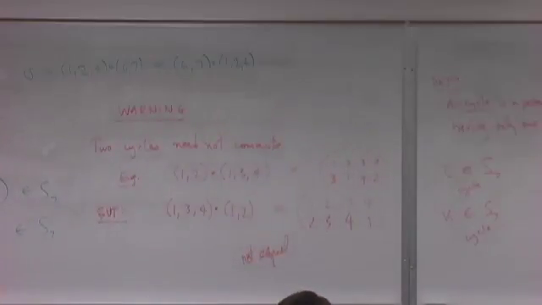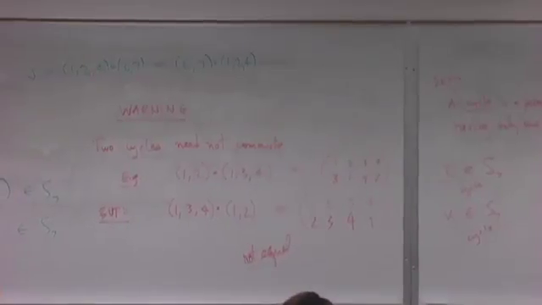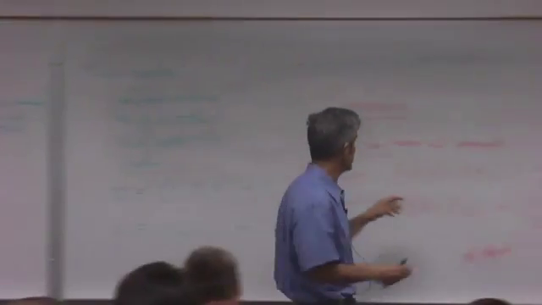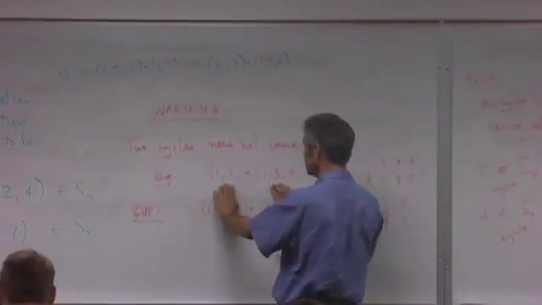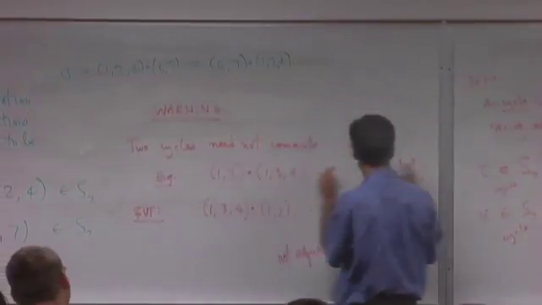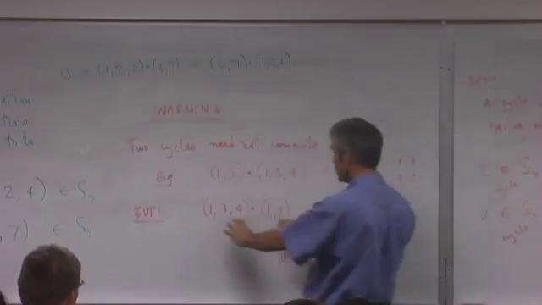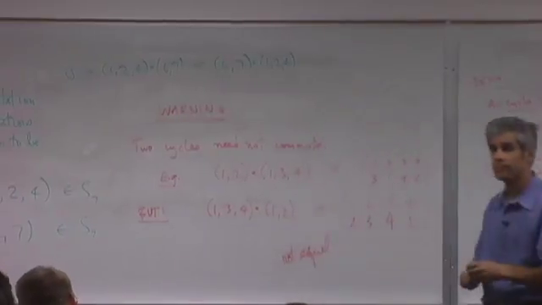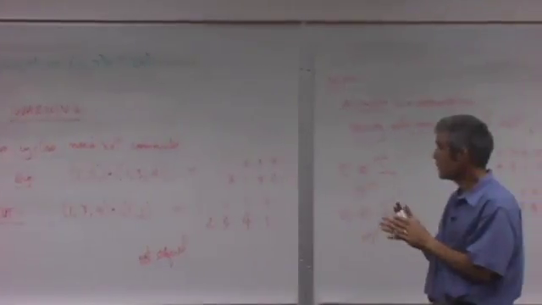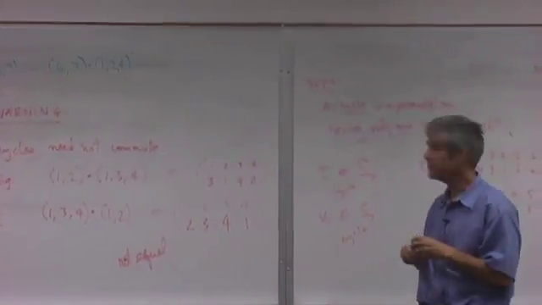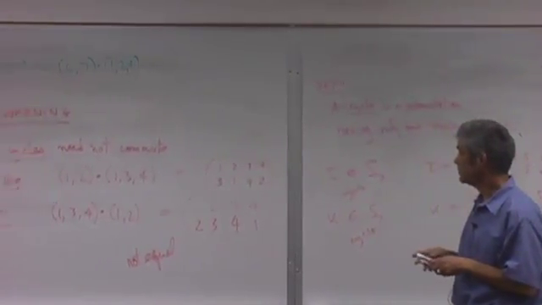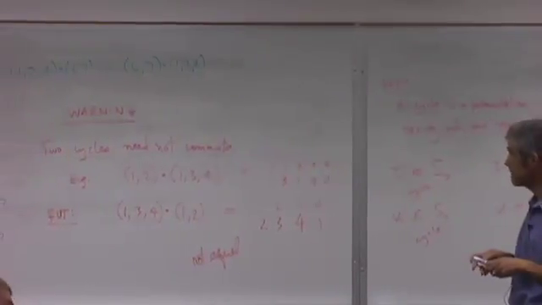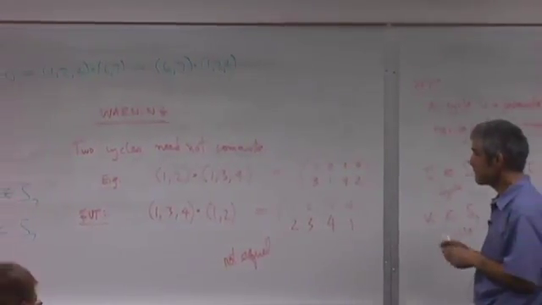All right. Questions there? Comments? Karen? Not commuting is exactly what we've indicated here. I took these 2 cycles, I composed them in this order, and I got that permutation. I just reversed them here and showed the results. Okay. Question, Lonnie? When you did the second example showing 2 going to 3, why does it just stop there?